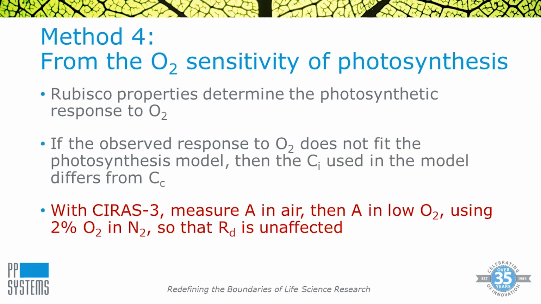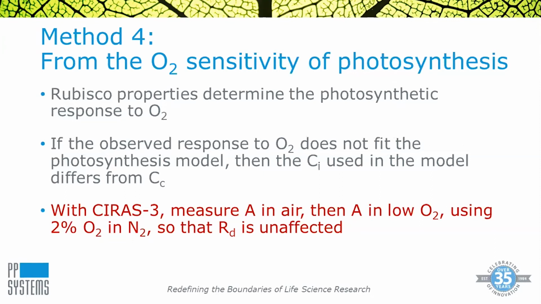Method 4 is from the oxygen sensitivity of photosynthesis. Rubisco properties determine the photosynthetic response to oxygen. If the observed response to oxygen does not fit the photosynthesis model, then it tells us that the CI used in the model is different from CC.